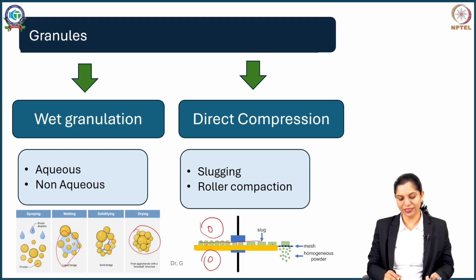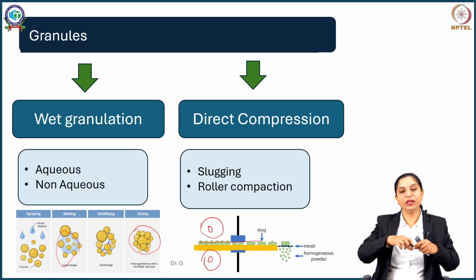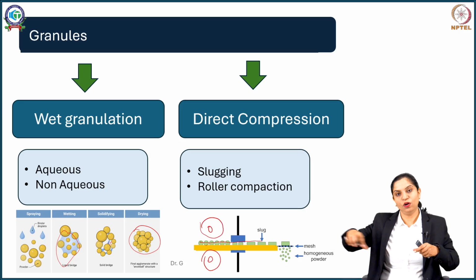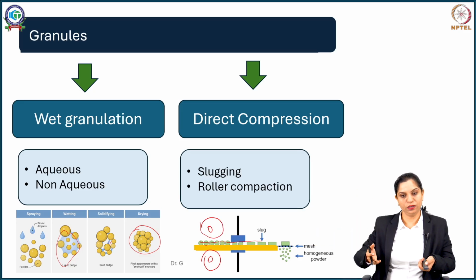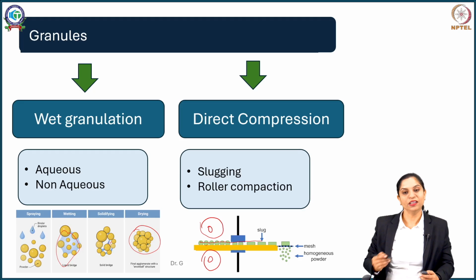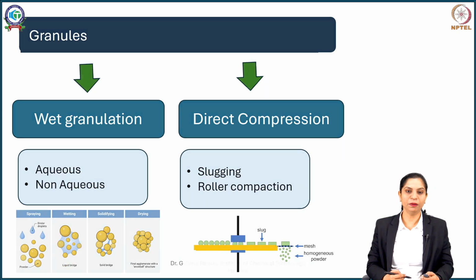The difference is, rather than having particles here, you will produce a bar or a slab of uniform size, which is then tapped and broken, or pressure is applied and broken, giving you very similar results. Direct compression via slugging and roller compaction is more preferred for herbal materials.